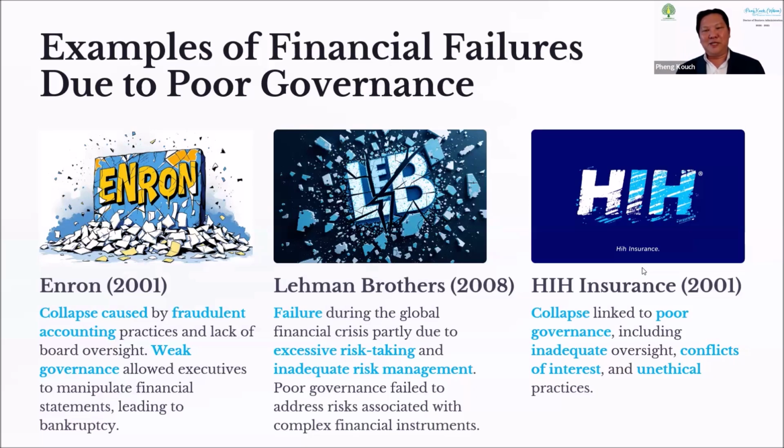Meaning that one or two persons bypass many procedures. They don't follow the procedure of getting approval from the committee before they give out money as an investment to individuals or to corporations.